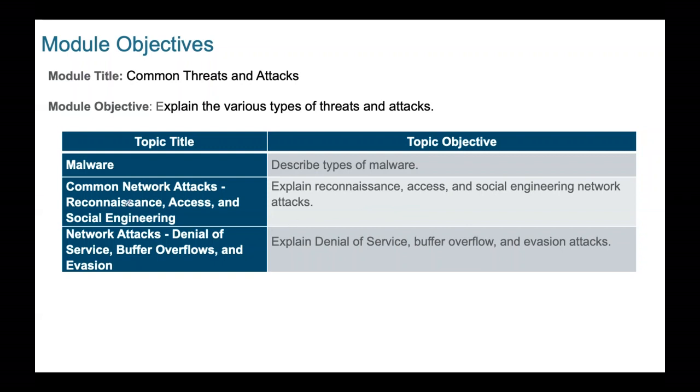In the common network attacks, we will try to discuss reconnaissance, access, and social engineering network attacks. And in the network attacks, the most important active attack is the denial of service attack. How it happens, and what the buffer overflow attacks and eviction attacks are, we'll try to discuss.